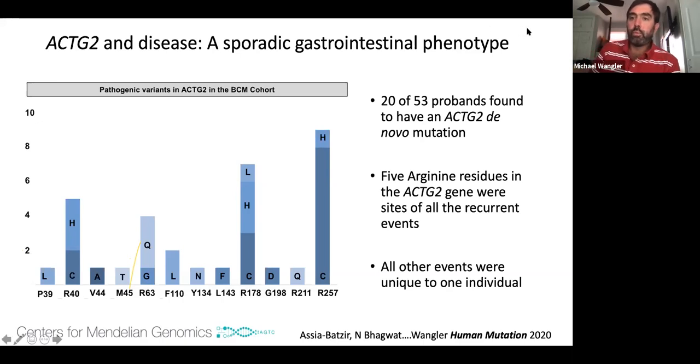And when you look carefully, there are 5 major arginine residues in this gene, and those are the sites of all the recurrent events. All the other pathogenic events in the gene are only seen in one single individual. They're novel variants, but every recurrent variant occurs in one of these 5 unique arginine residues.